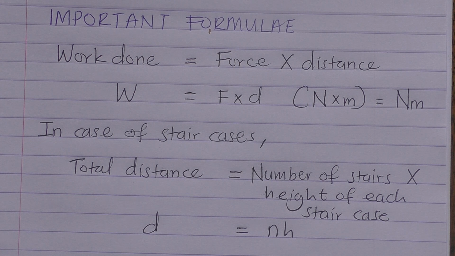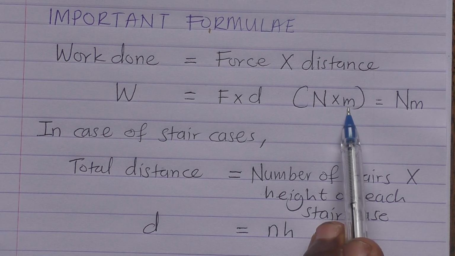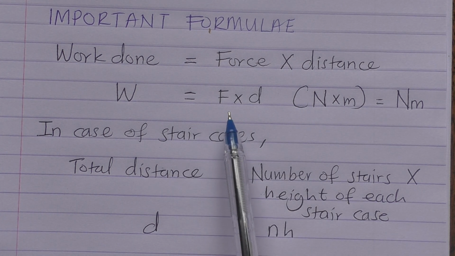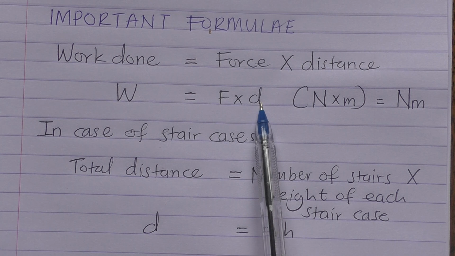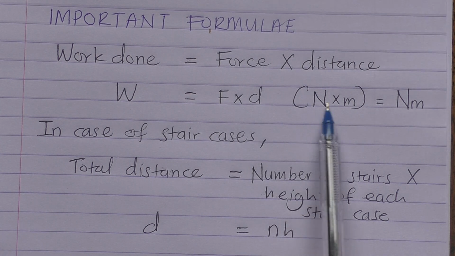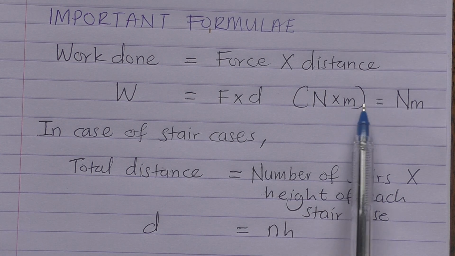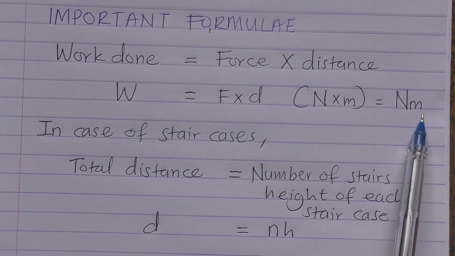And therefore, from that definition, we derive the SI unit of work done. Force is in Newton and the distance is in meter. Therefore, when we multiply force and distance, we are multiplying Newton and meter, which gives us Newton meter.